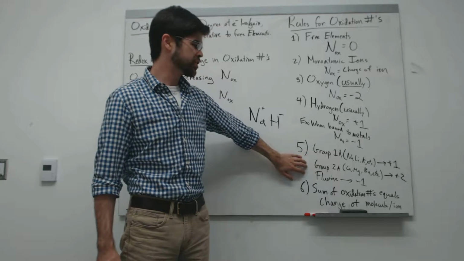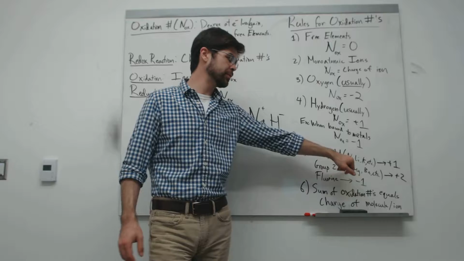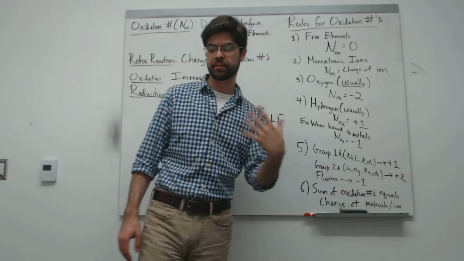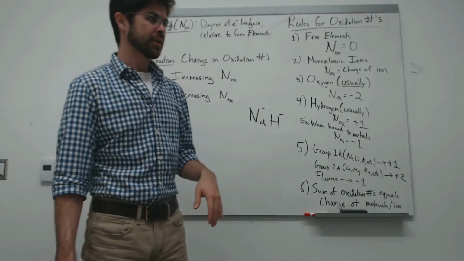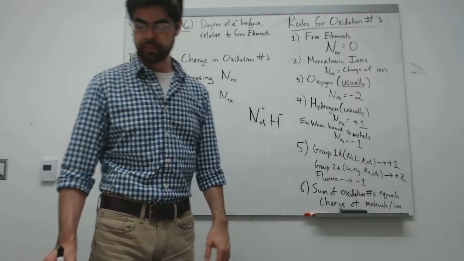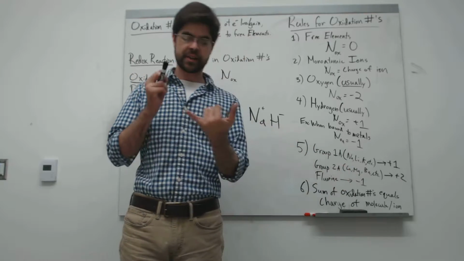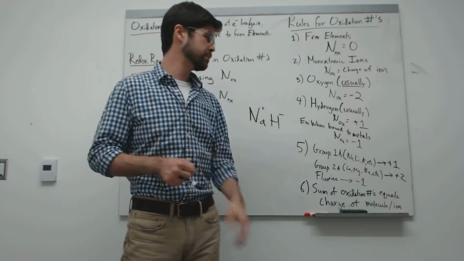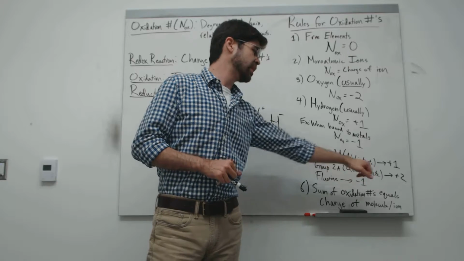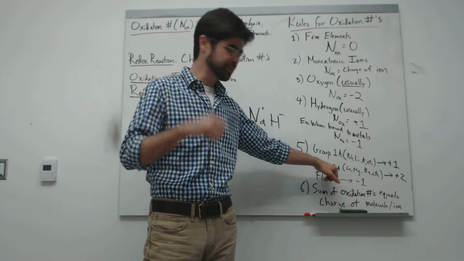The other rules which are generally not disobeyed are that group 1 elements, things like sodium, lithium, potassium, cesium, francium, all have oxidation states of +1, the same as their group number. The alkaline earth metals, things in group 2, like calcium, magnesium, barium, also have an oxidation state which is the same as their group number, +2.